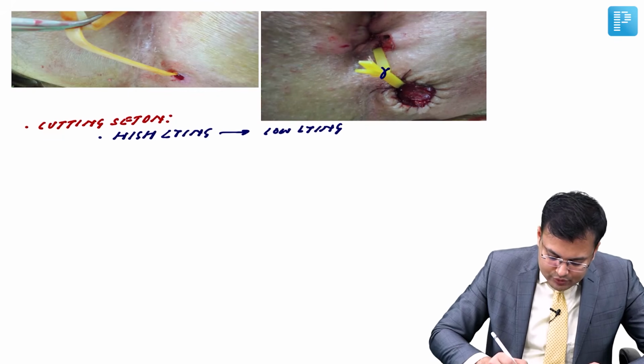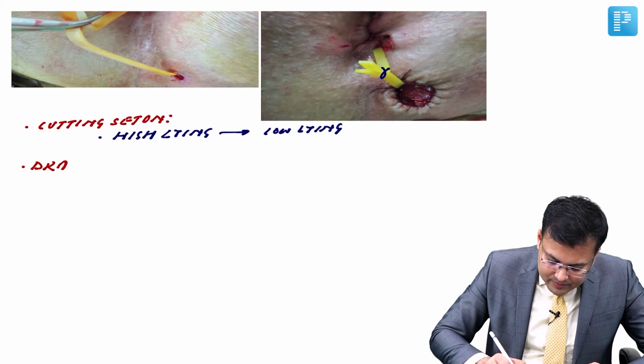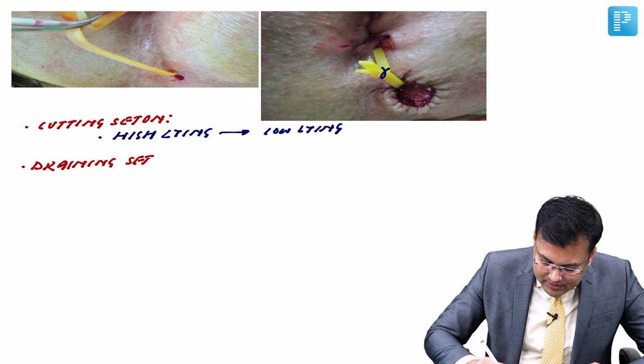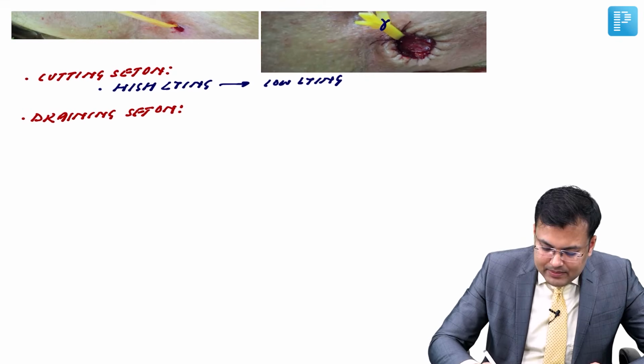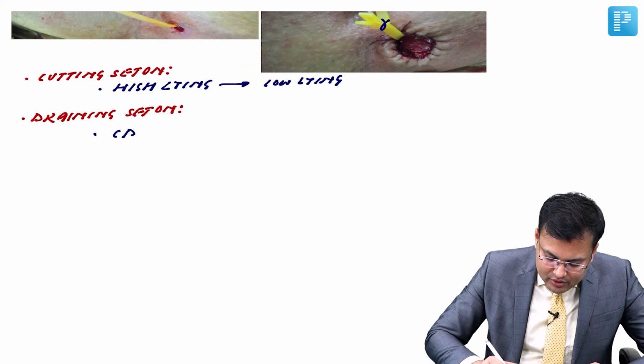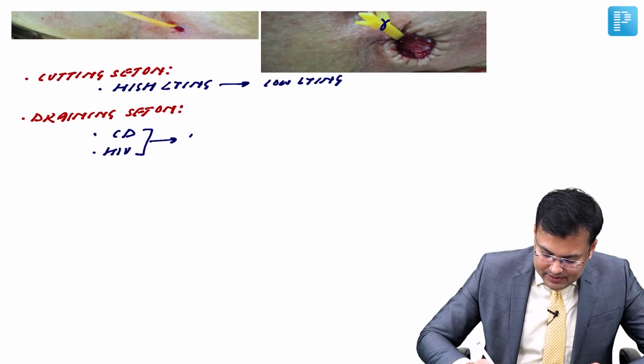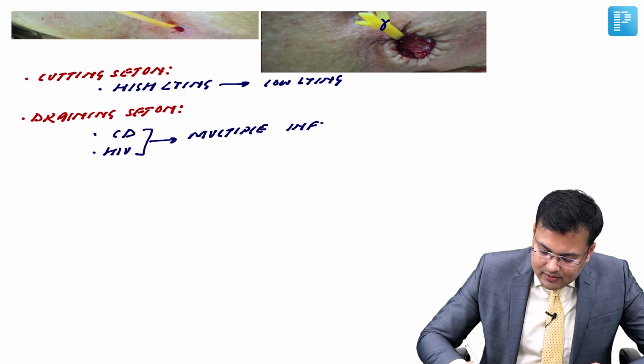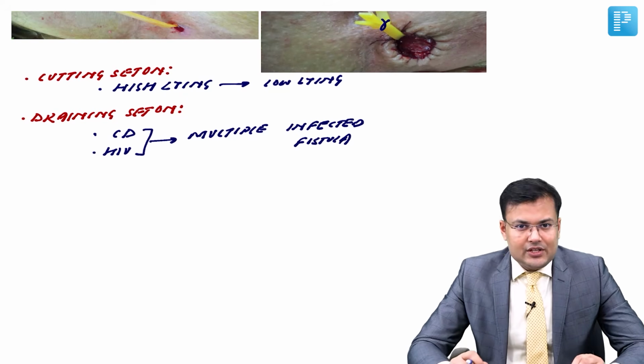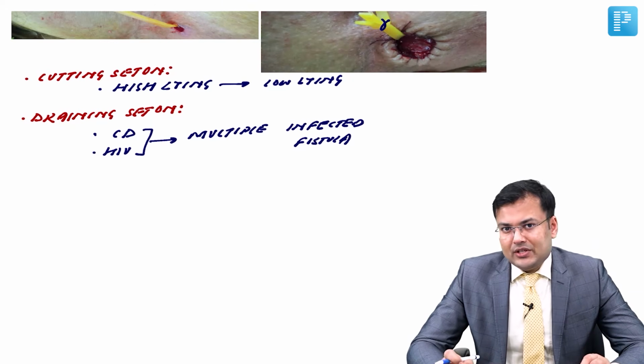And what's the use of draining Seton? It is used in patients who are having multiple infected fistulas like Crohn's disease and HIV positive. These patients have multiple infected fistulas, and this is used to control the infection, to drain the abscess or pus collection. So this is how we manage the patients of Fistula-in-Ano.